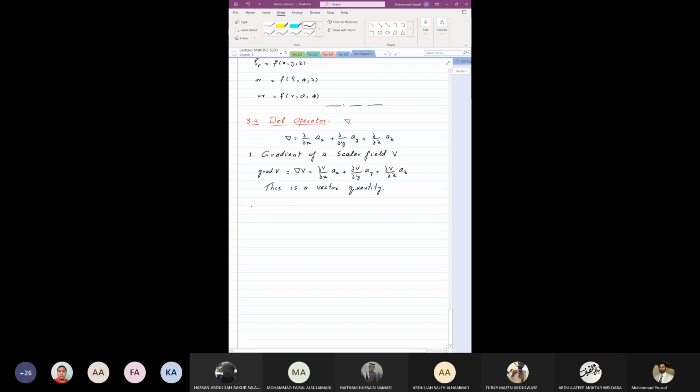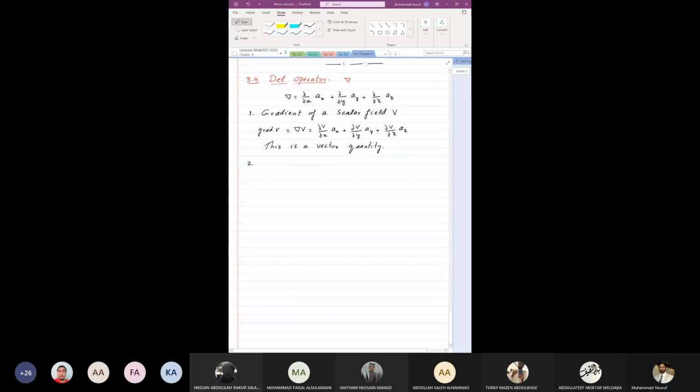Number 2. Divergence of a vector field. So divergence is defined for a vector field.